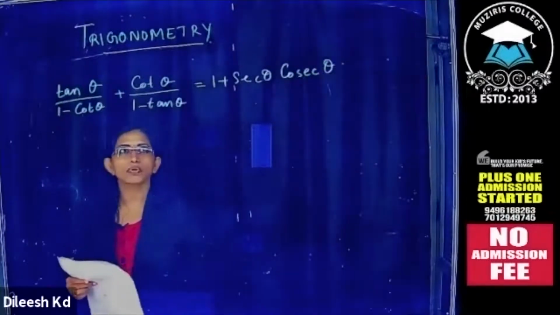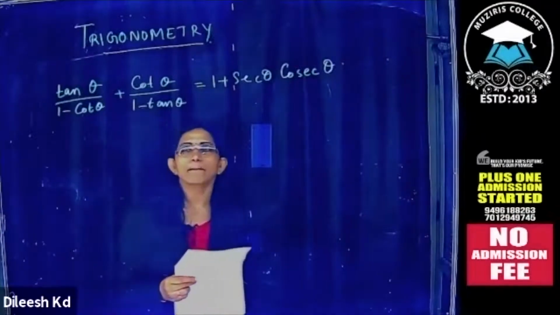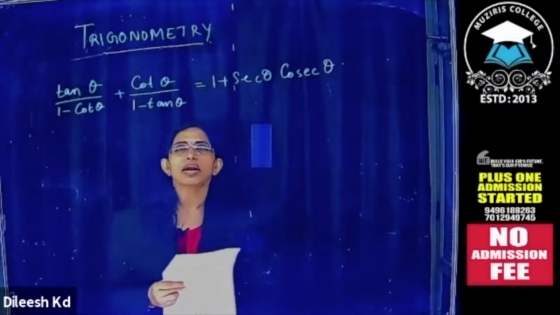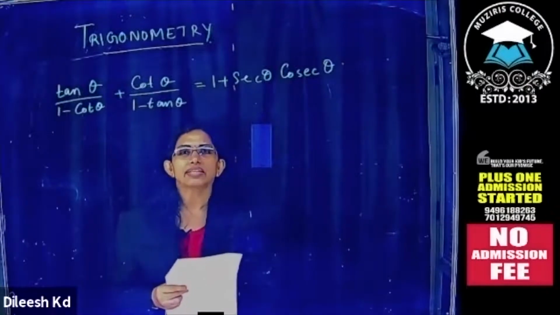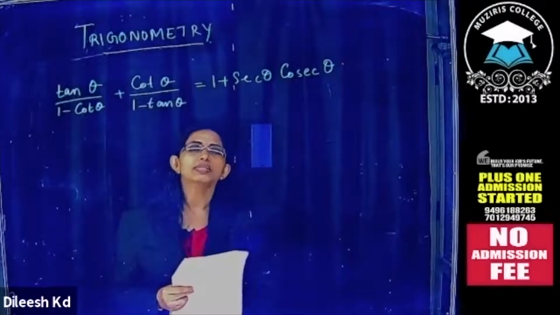So we need to prove that tan theta divided by 1 minus cot theta plus cot theta divided by 1 minus tan theta is equal to 1 plus sec theta cosec theta.